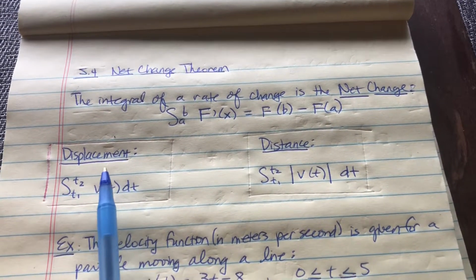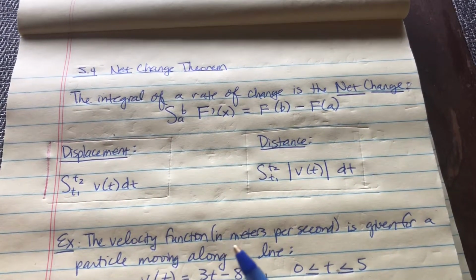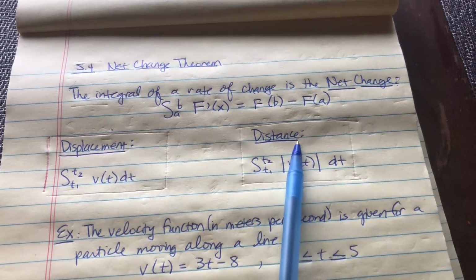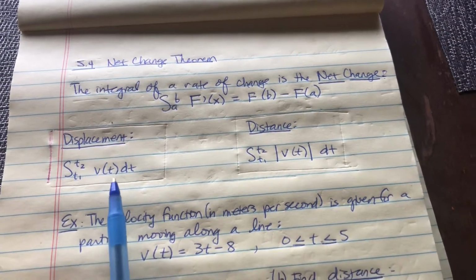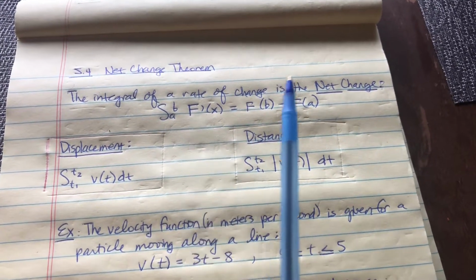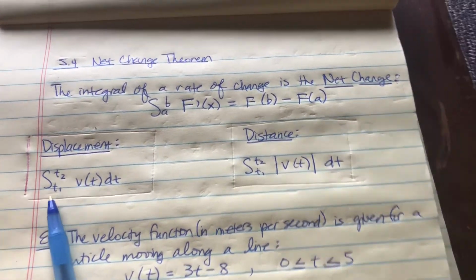So in terms of physics, if you remember the particle that we were talking about in other chapters, there's displacement and there's distance. Displacement is where a particle has traveled from one point to the next point, right? So how much has it displaced?